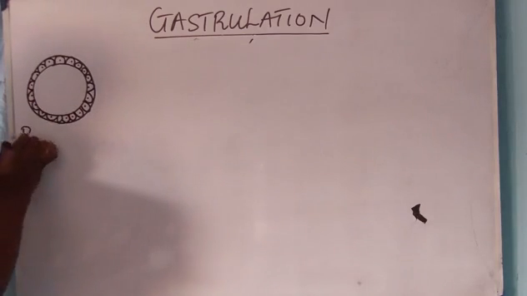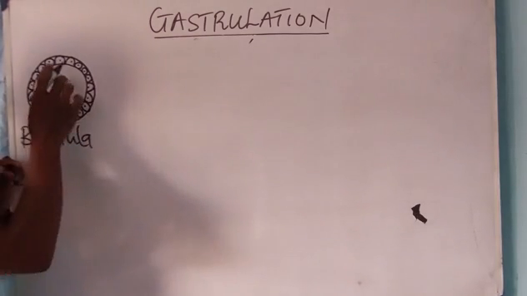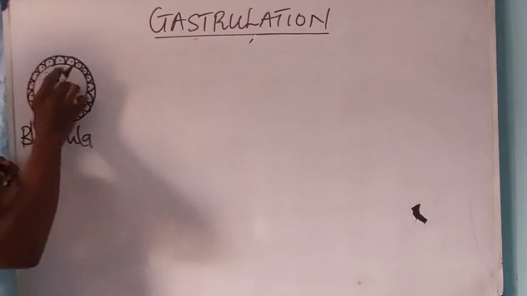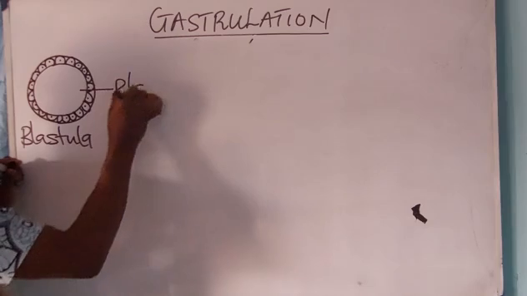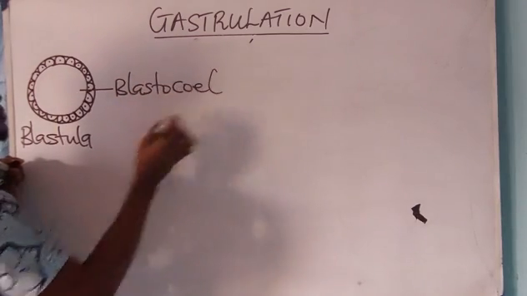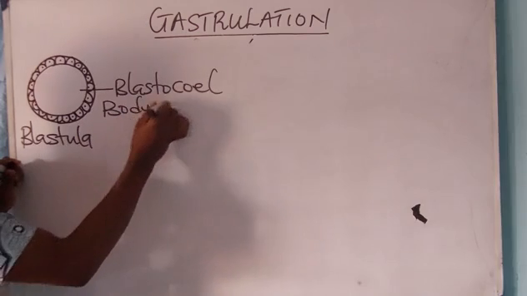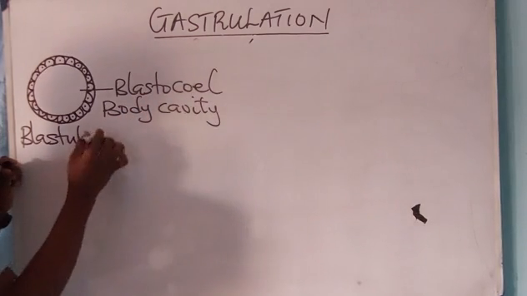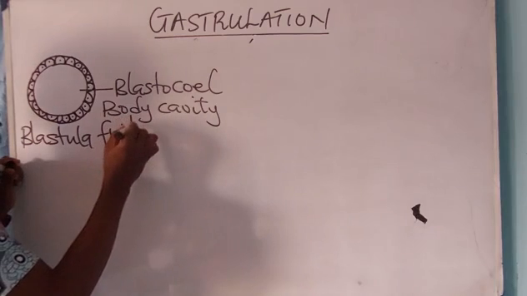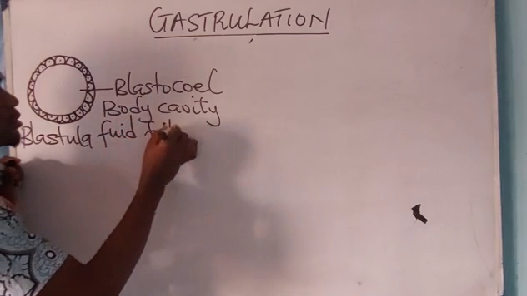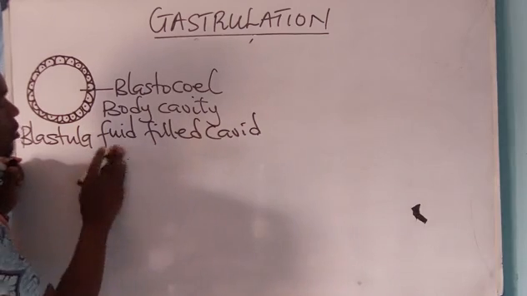What I have here is a blastula. Now this region of the blastula is actually called the blastocoel. You can call the blastocoel a body cavity that is filled with fluid. You therefore say that it is a fluid-filled cavity.